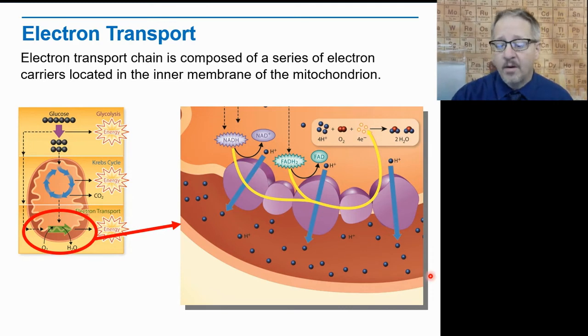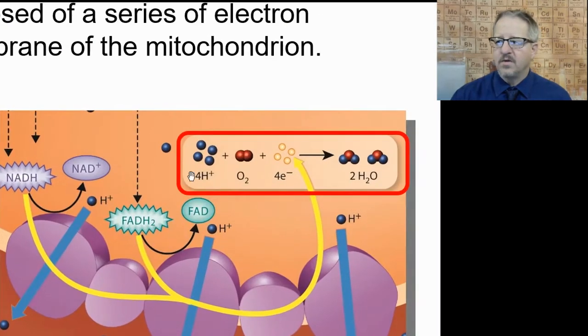Now, what is formed when oxygen comes into play here? What is formed when that oxygen combines with hydrogen atoms and some of the electrons? Well, basically what happens is we get water. So if we look at the equation for the electron transport chain, and I will zoom in, we've got some hydrogen ions.